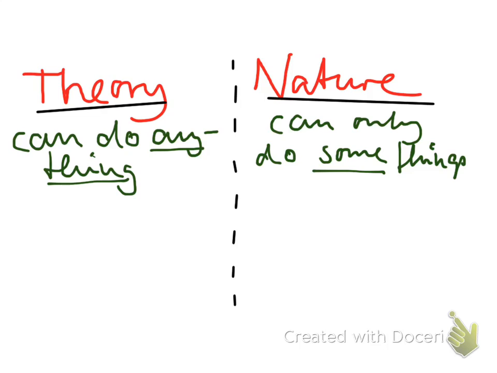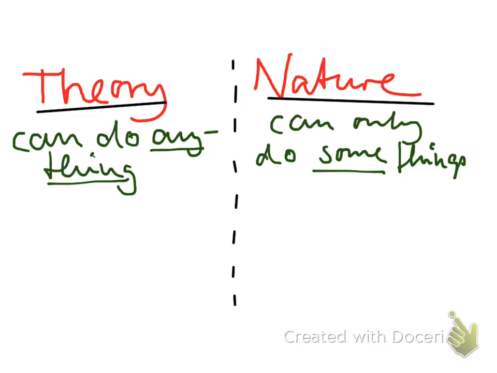So we can do lots and lots of things in maths. We could come up with any kind of crazy universe and describe it mathematically, whereas nature is clearly characterized by the fact that you can only do some things. You can't do anything. For example, I don't levitate just because I want to.